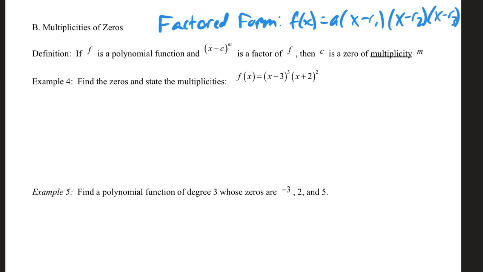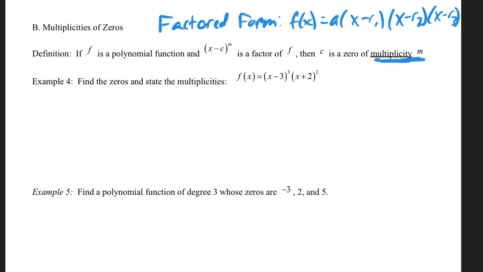So depending on how many times you cross the x-axis, you would have a factor for each one of those, okay? So what the multiplicity is talking about, right, is if a polynomial function has x minus c to the n power as a factor, okay, then c is the 0, which is what we talked about. Right, so I wrote it as an r, but you can use a c. And then the multiplicity is the power that's on that exponent.